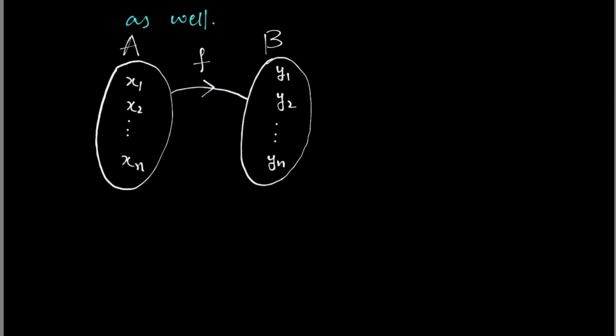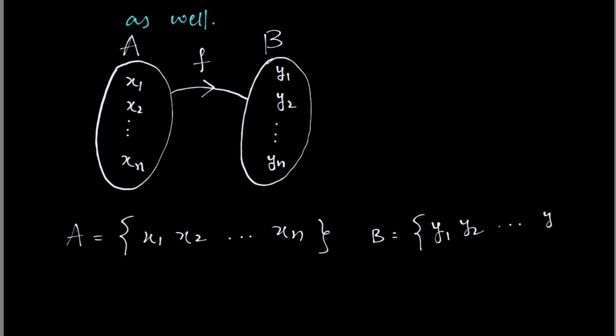So let me mention, the set A is consisting of x1, x2 and so on xn values as inputs, and set B is consisting of the number of elements as y1, y2 and so on yn.